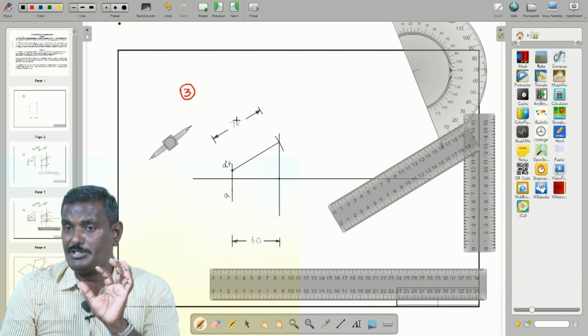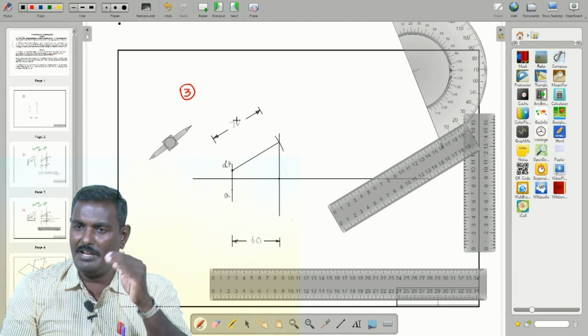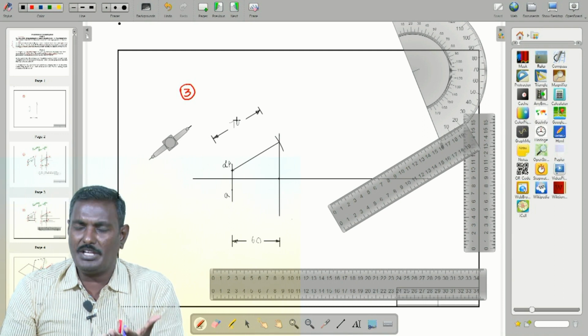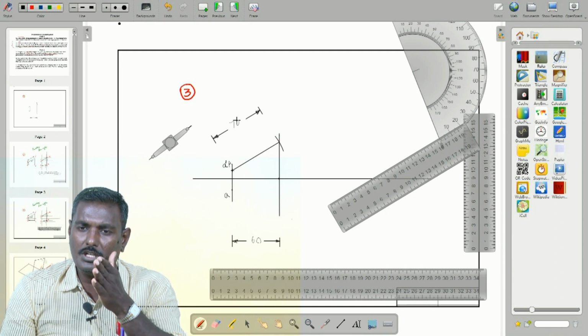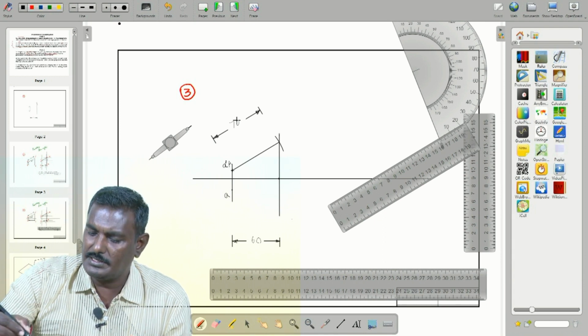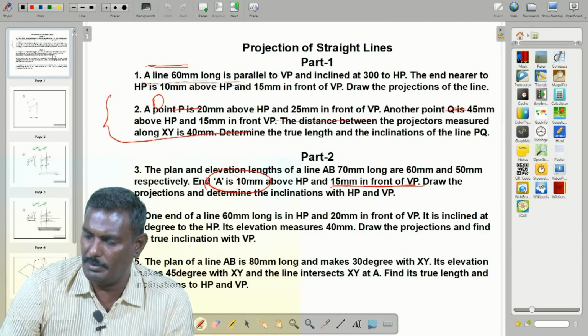Similarly, this is to construct the elevation. While you look at the elevation, the plan view gives 60 mm, but in the opposite case, if you look at the elevation, how much distance is given? In these problems, the elevation looks 50 mm.